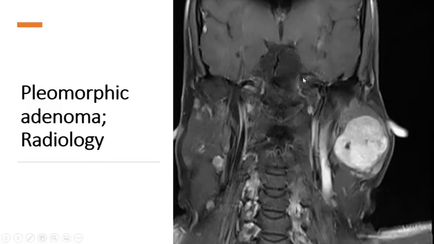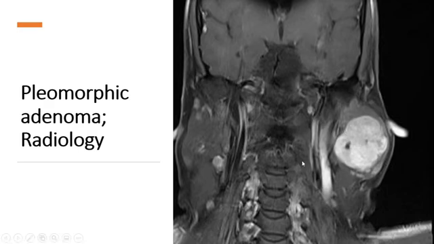Regarding tumors of salivary gland, they are divided into benign and malignant tumors. The most common benign tumor of salivary gland, especially the parotid gland, is pleomorphic adenoma. Up to 70 to 80% of parotid gland tumors are made up of pleomorphic adenoma.